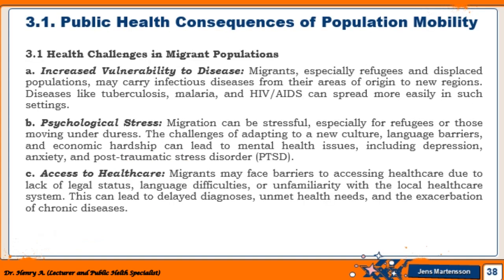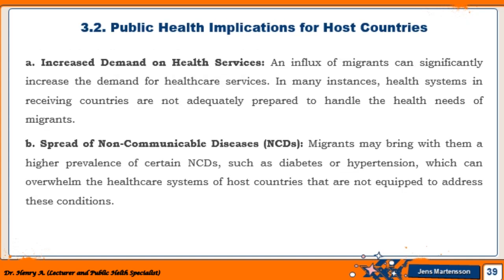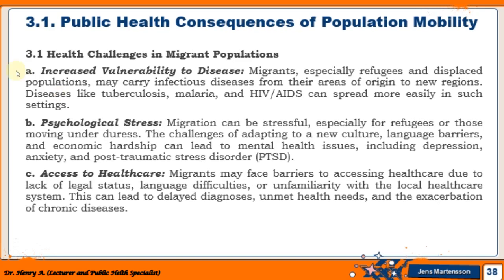So let's start with health challenges in migrant populations. Here we'll see increased vulnerability to disease. Those are one of the challenges. Number two, we're going to see that they have psychological stress. Number three, the other challenge is access to health care, and then also the increase in demand on health services and the spread of non-communicable diseases.